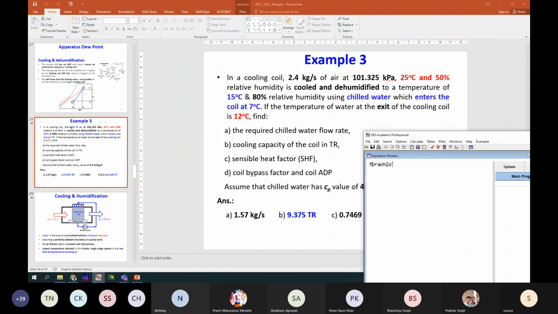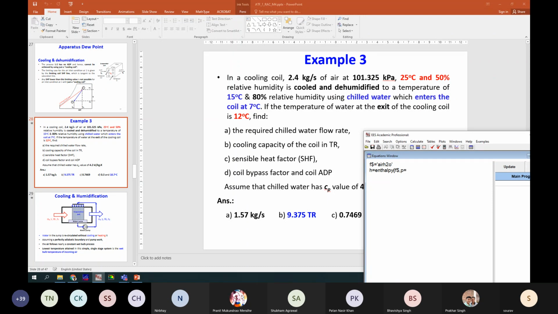So whenever you write this fluid name AirH2O, EES understands that it has to now look for properties which are for moist air. If you just write air, it will be dry air. AirH2O is the fluid name which we have to write for all psychrometric processes. And if you want to call for enthalpy, the dollar sign is just a variable name for your fluid name. Instead of writing AirH2O every time, you can write the dollar sign, or if you prefer, you can use AirH2O.